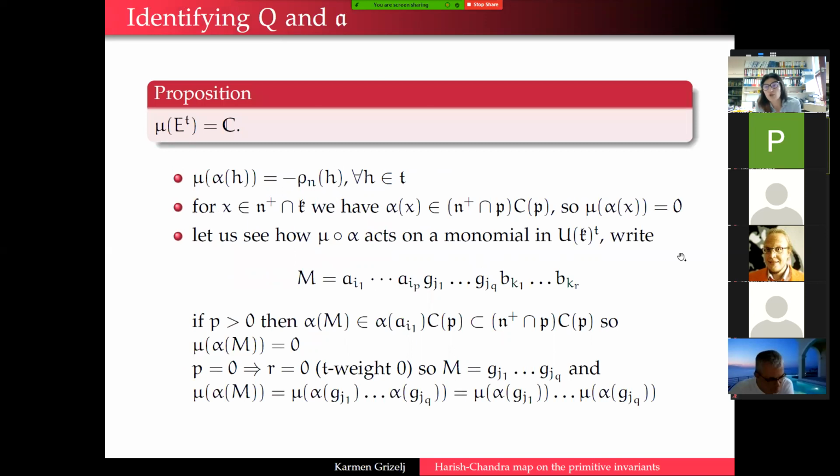And now we want to see what our isomorphism, Harish-Chandra isomorphism, does to the E part.